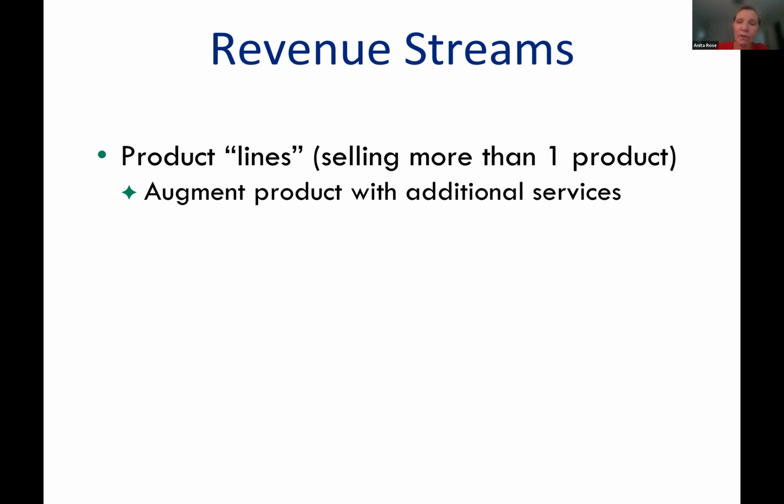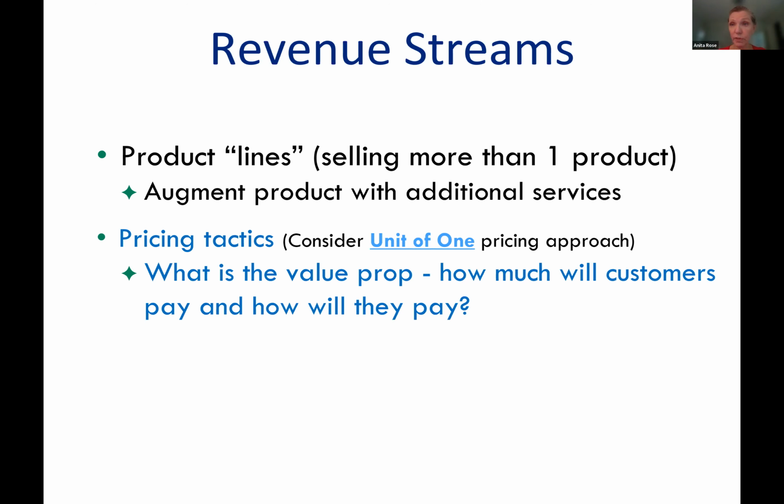But this all ties in together. So we're looking at product line, maybe selling more than one product. Maybe we need to augment our products and offer additional services or additional service products for that. But we could have a product that includes services, or we could have a product that includes additional add-on products.